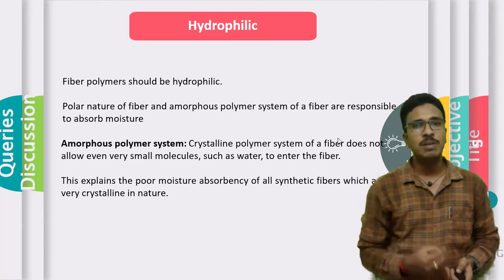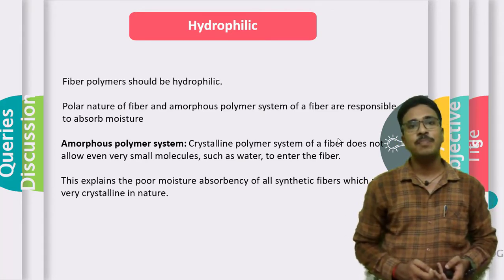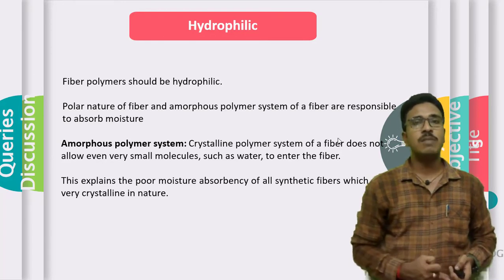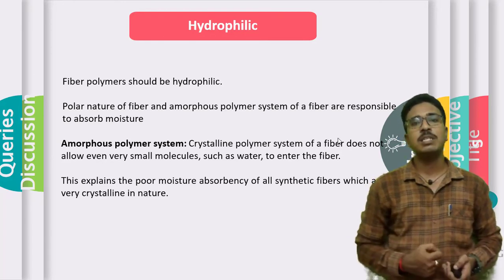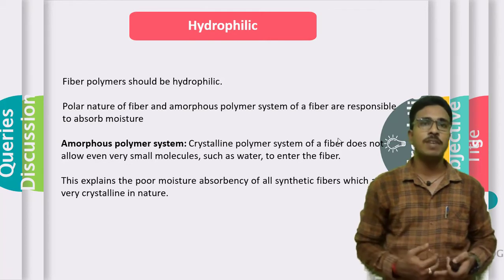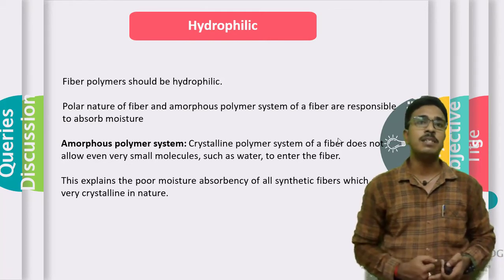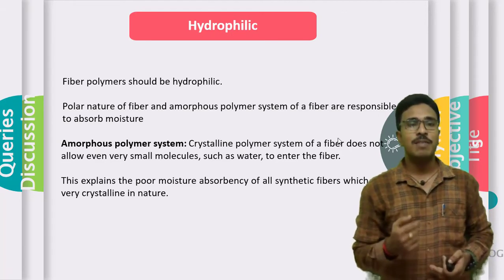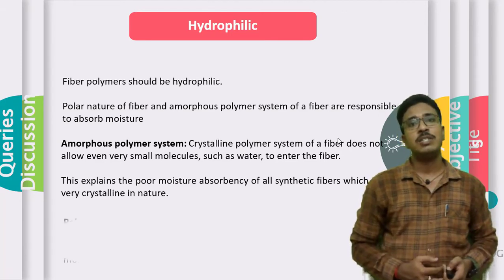Okay. The crystalline polymer system of the fiber doesn't allow even very small molecules such as water to enter into the fiber structure. This explains the poor moisture absorbency of all synthetic fibers, which are very crystalline in nature.